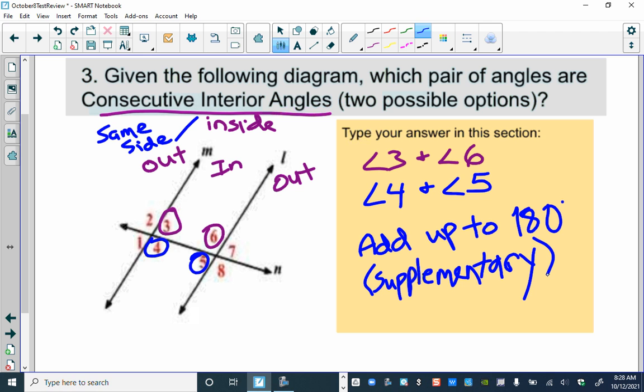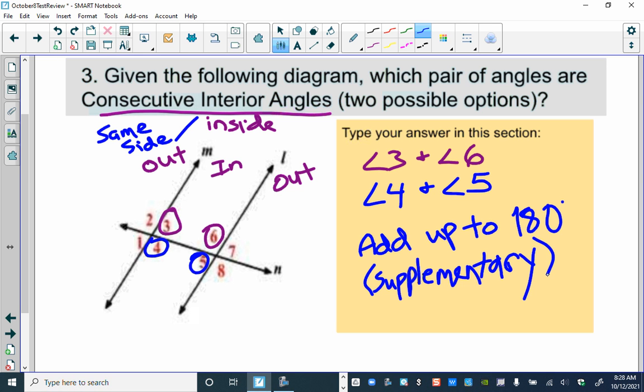Because again, especially this year and going forward, if you see a word you're not sure what it means, like on a test, well, actually before the test, ask. There might be words that we haven't seen before. We need to make connections. Like supplementary, add up to 180.